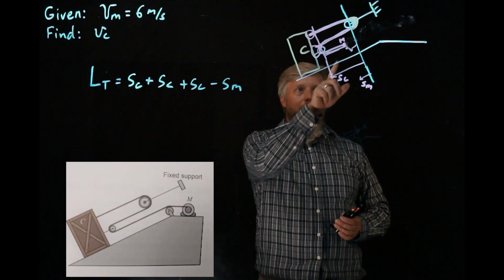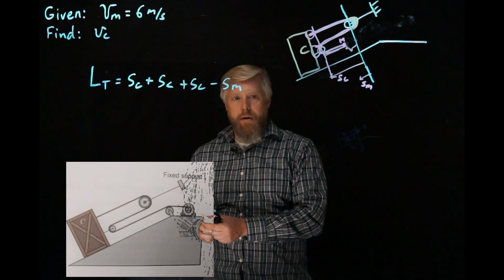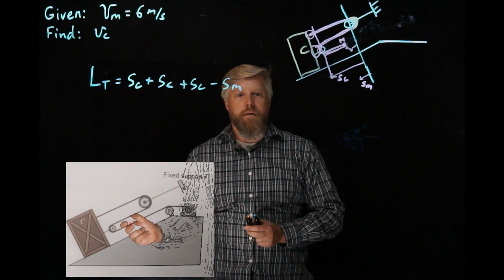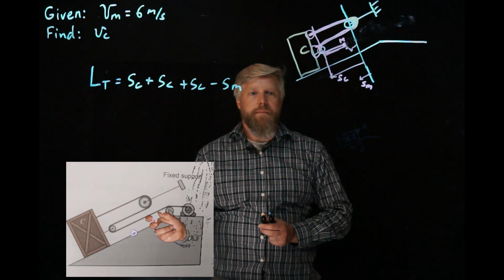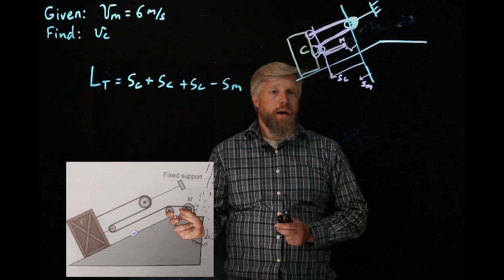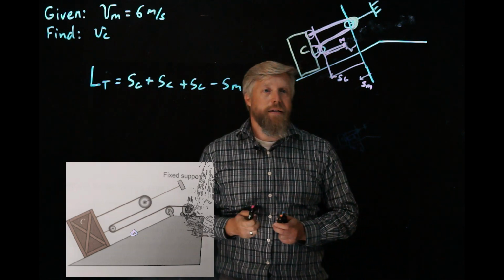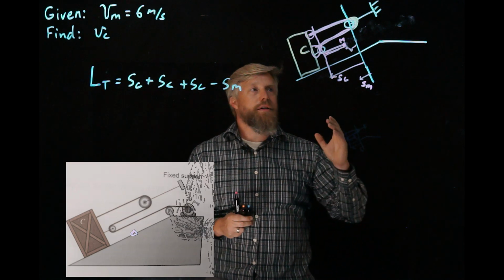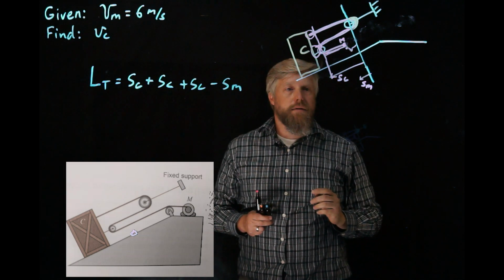However, because I decided to ignore the rope from my point M, which would be somewhere down here, so I'm ignoring the rope from my point M up to the motor. That portion of rope, I'm just going to forget about it. And I know that my dot on that rope is going to be moving the same speed as it is wheeling in. So the distance from this little dot I made all the way, that length of rope doesn't change.